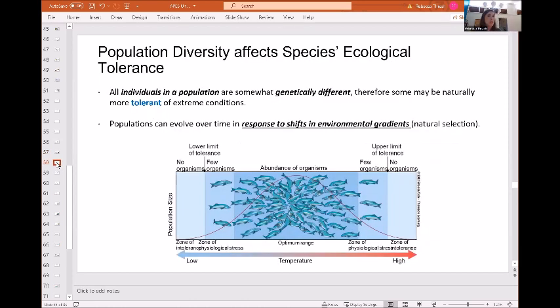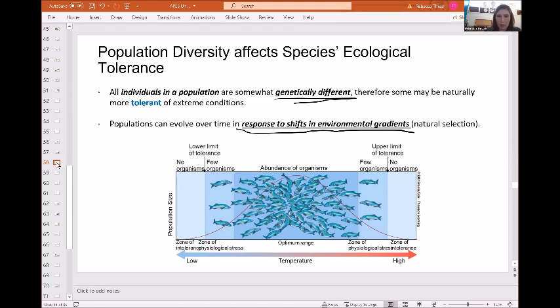So I showed you this diagram earlier, and now I want to relate it back to this idea of diversity. The more genetically diverse the population is, the more ecological tolerance that population will have at any given time. Individuals in a population are somewhat genetically different, and that helps the population respond to shifts in environmental gradients.